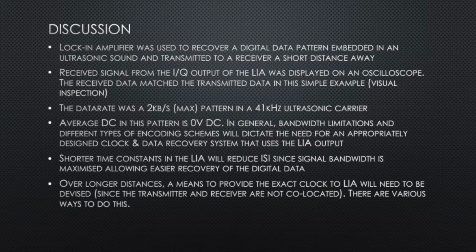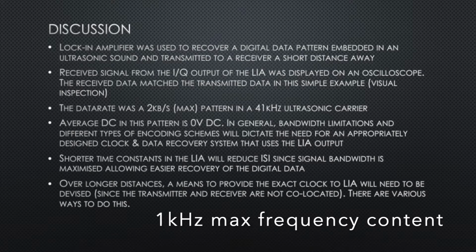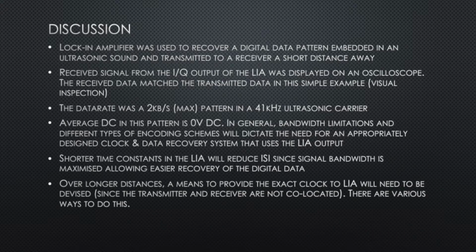The data rate was 2 kilobits per second, which is the maximum transition frequency in that data pattern I had put in there, and this was on top of a 41 kilohertz ultrasonic carrier. This is AM modulated again. The average DC in this pattern is 0, which of course makes it easier to detect.